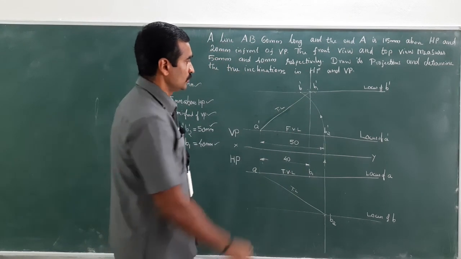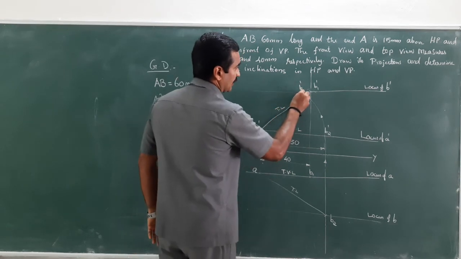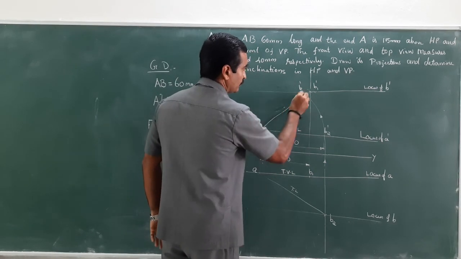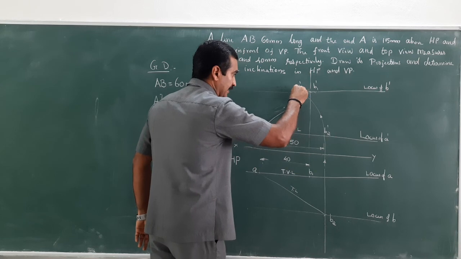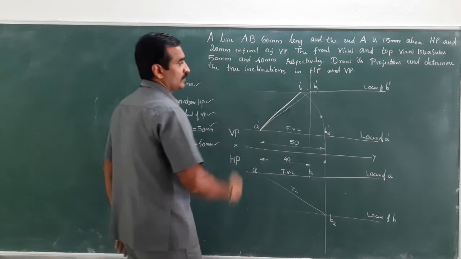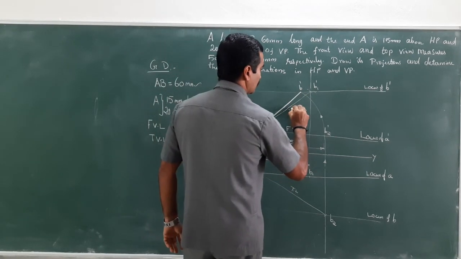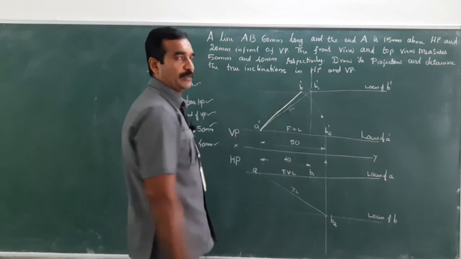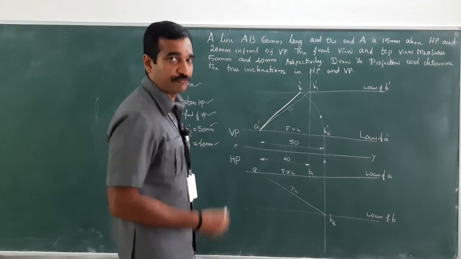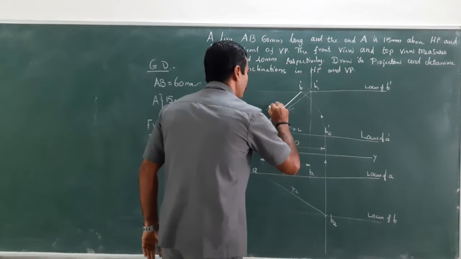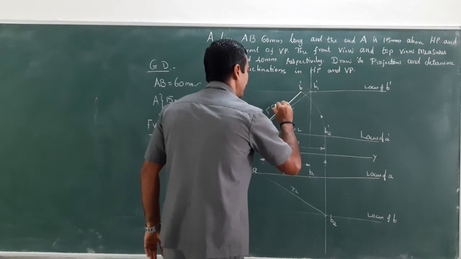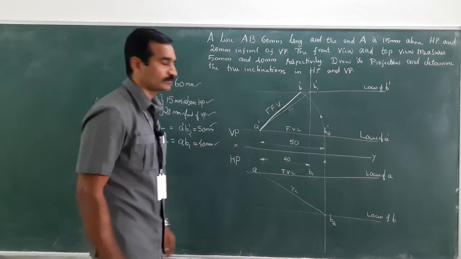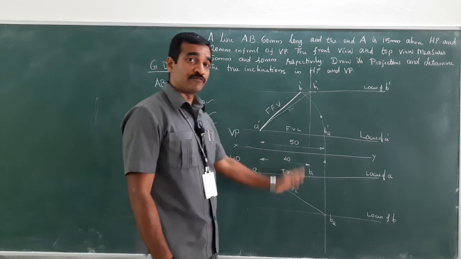Let me connect the points B dash and A dash. This is your true length. This A dash B dash is the final front view. Clear?